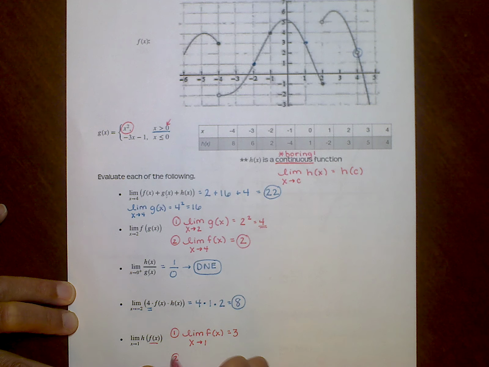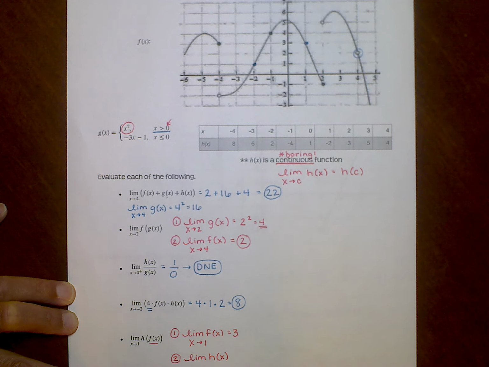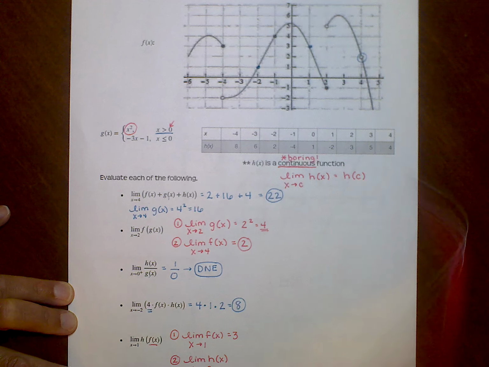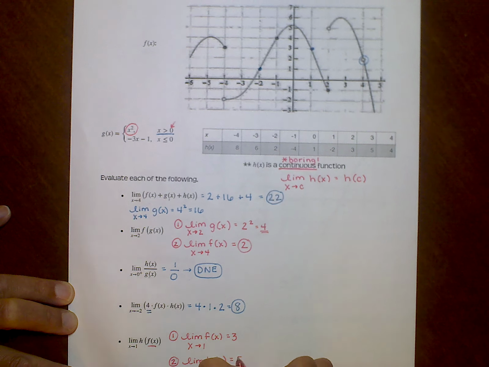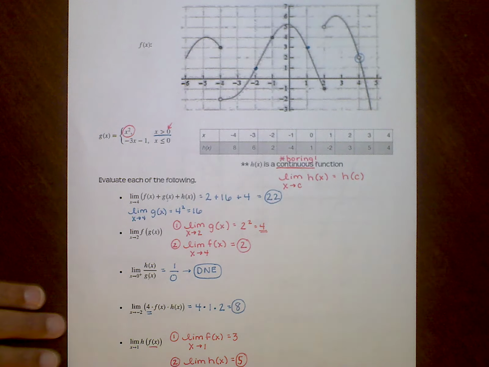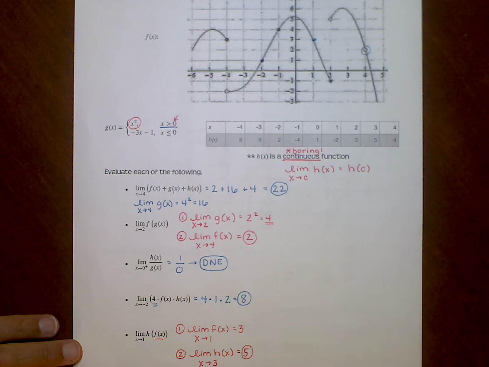And then step 2 is to take the limit of h of x as x approaches 3. And limit of h of x as x approaches 3 is just going to be 5. And that's my final answer. So that's the big idea. Oh, I'm sorry. I hope you could see those.